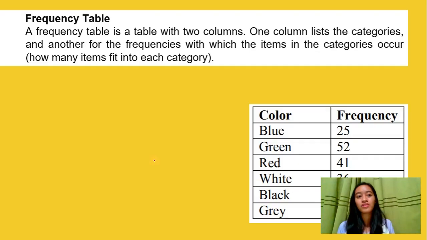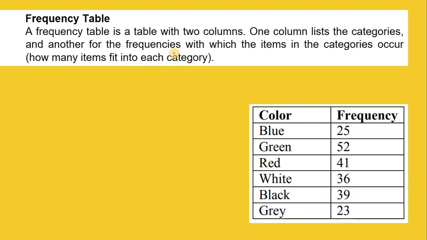A frequency table is a table with two columns. One column lists the categories and the other column lists the frequencies with which the items in the categories occur, how frequently they occur, or how many items would fit into each category.